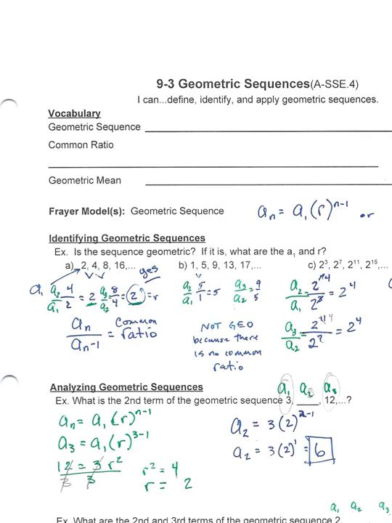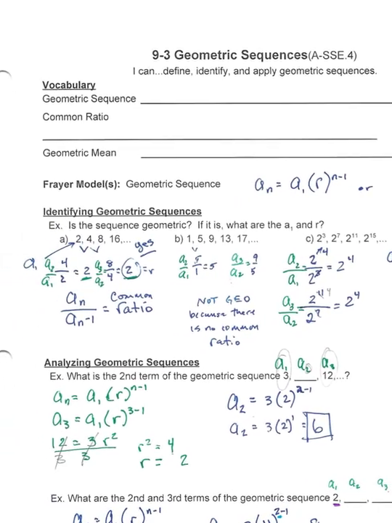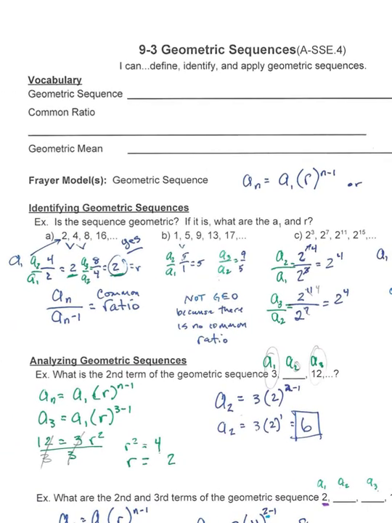We have talked about the explicit formulas, and this thing right here is going to be the explicit form of a geometric sequence. We've already covered the AN. The AN is some future number. We don't know what it is yet.